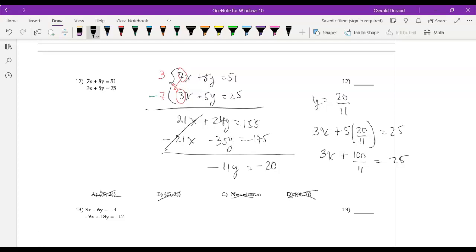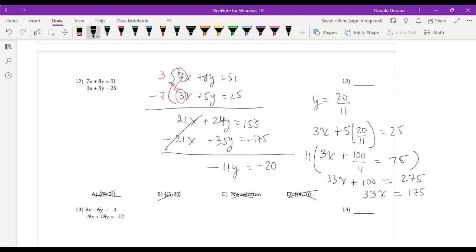So what we're going to do is multiply to get rid of the denominator 11. Multiply everything by 11, and we get 33x plus 100 equal to 25 times 11, that's 275. And then we get 33x equal to 175.